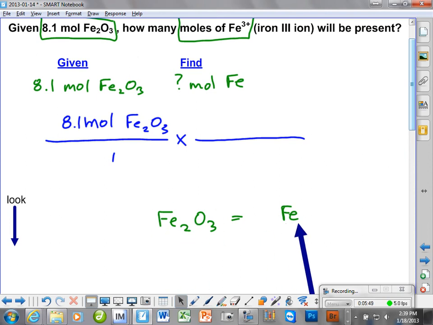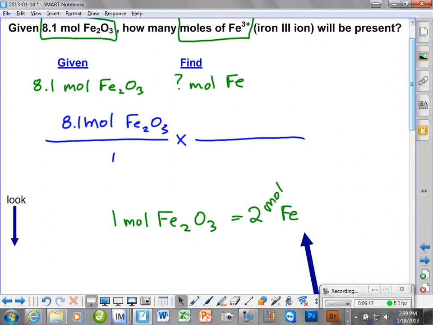So how many of these guys will I have if I break it apart? Just like the pen. 2. You got it. Okay, so our number over here is 2, and this is going to be moles. And our number over here was 1, and this is also going to be moles. So this is our equality that gives us the ratio to make this next fraction.